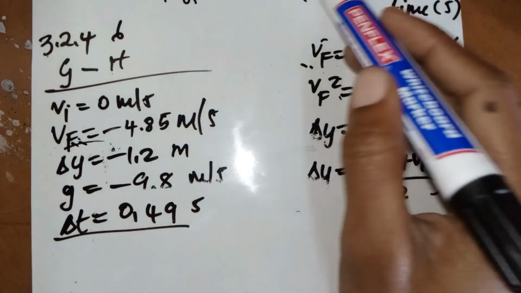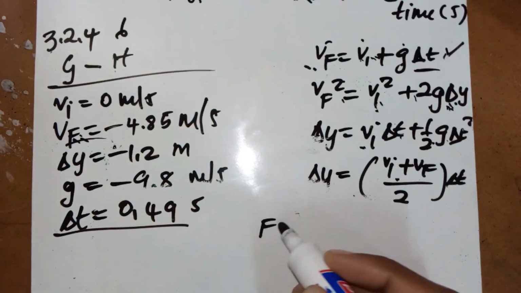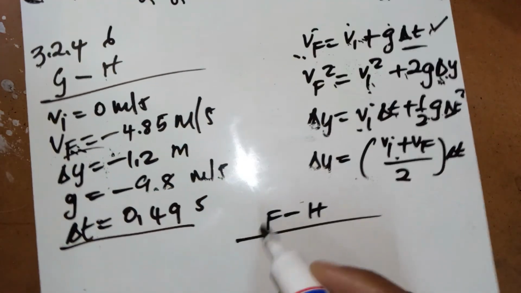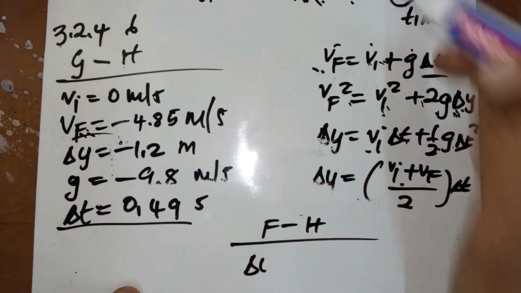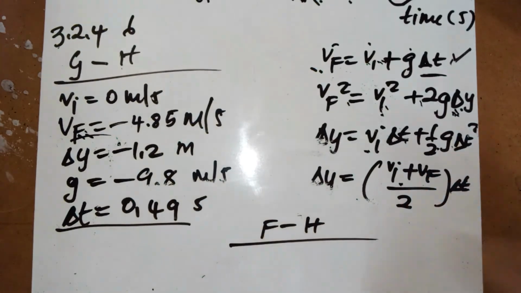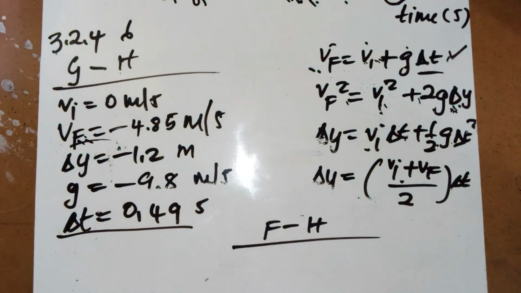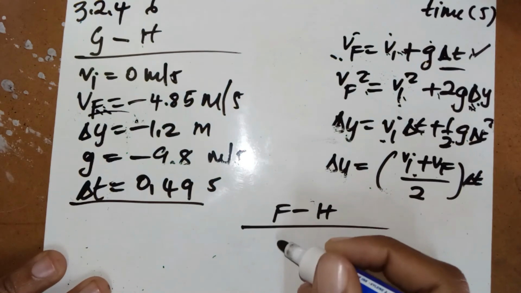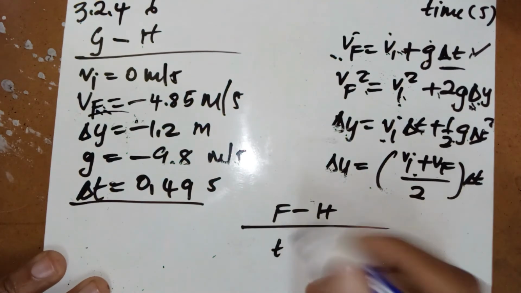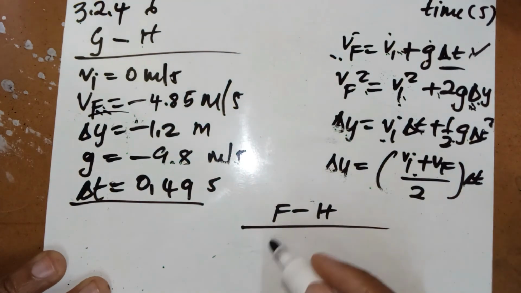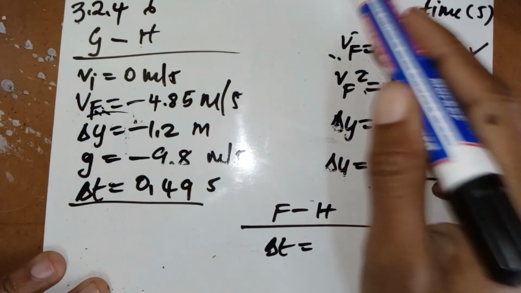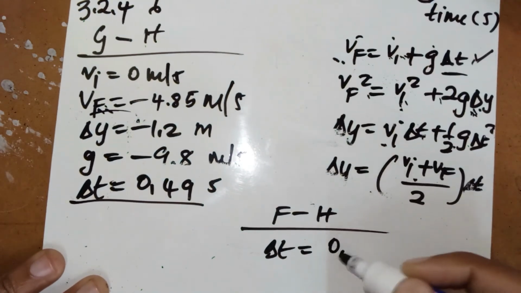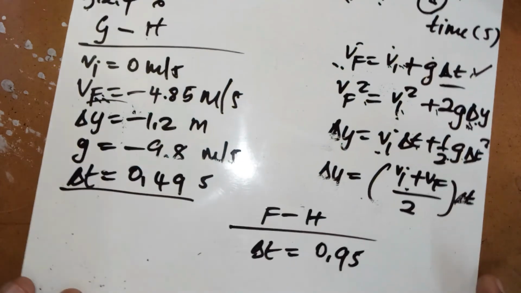So the total time, the change in time between F to H, is just going to be 0.49 plus 0.49. And then we find that the change in time between these two positions is going to be 0.98.